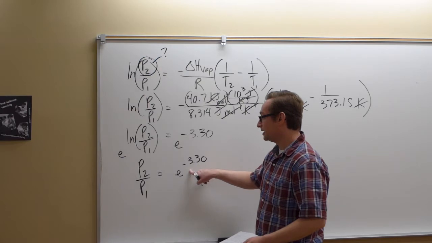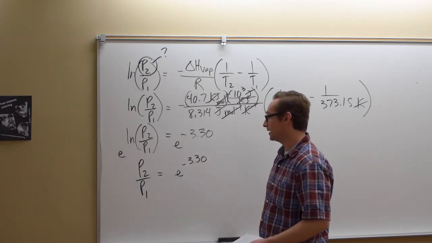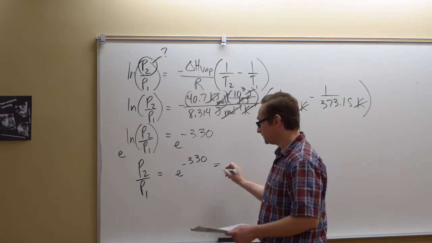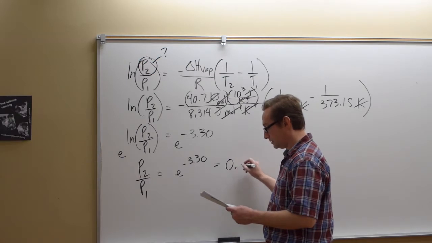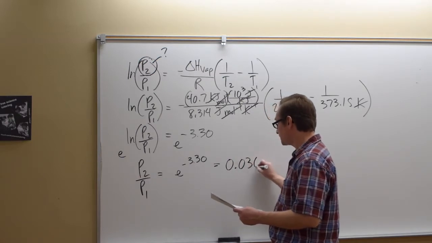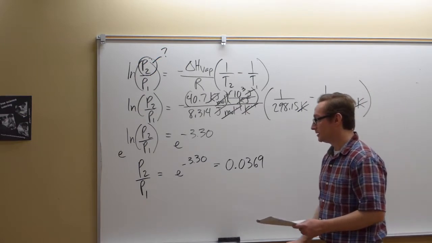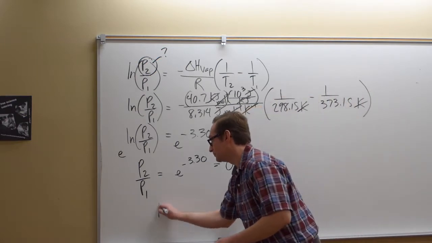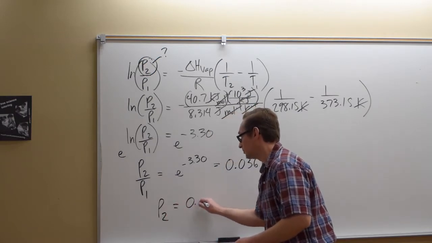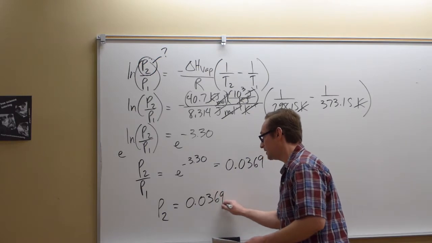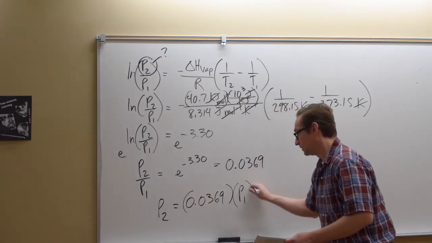So taking the anti-natural log, you get some value of, let's see, 0.0369, some value like that. And since we're solving for P2, we know that P2 would be equal to 0.0369 times P1.